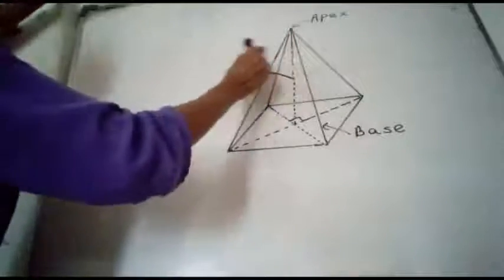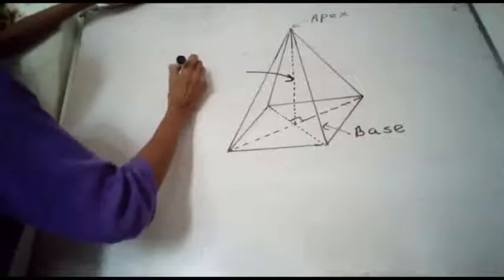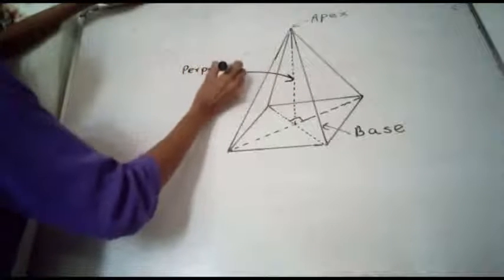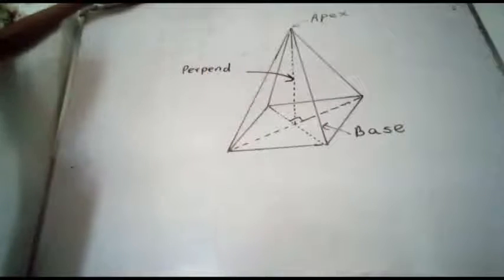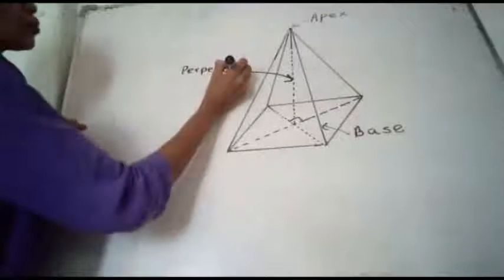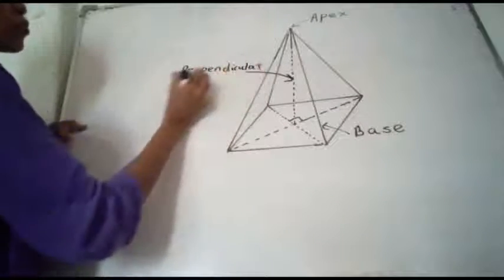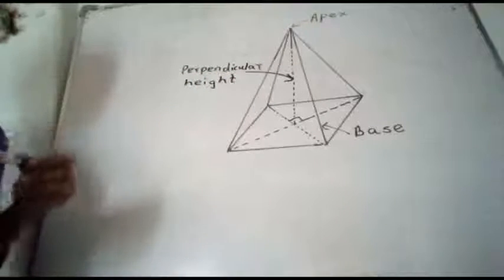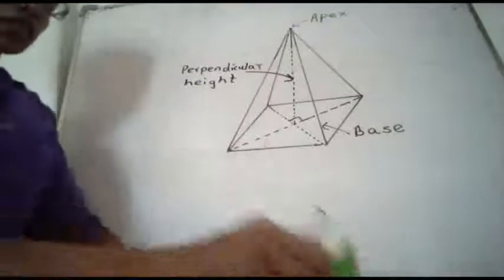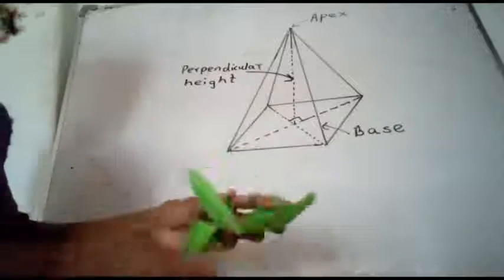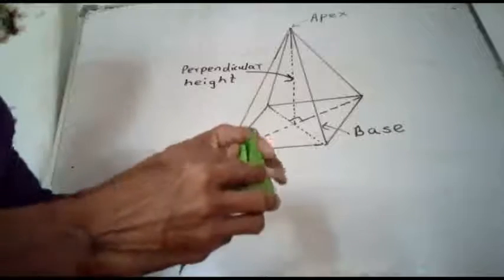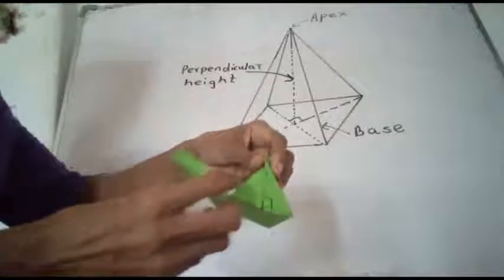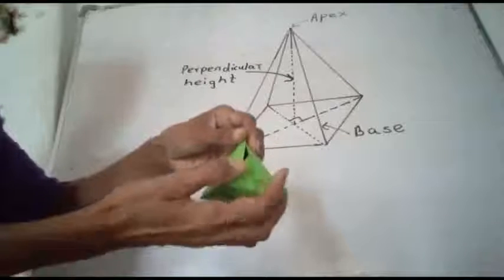Perpendicular height of the pyramid. The square base right pyramid has four triangular faces.